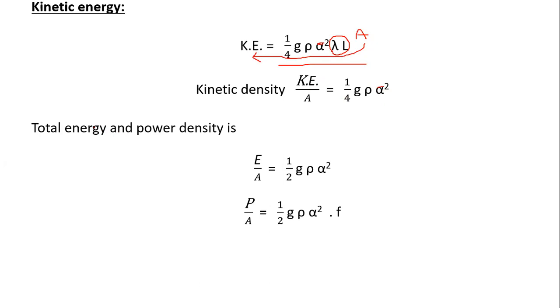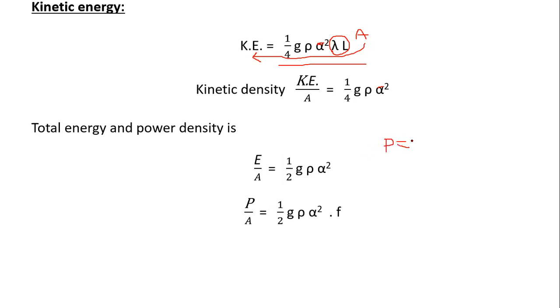This is the kinetic energy density, and the total energy and power density can be written as E by A is equal to half of g rho A square. That means P by A is equal to half. P is power. What is the formula for power?